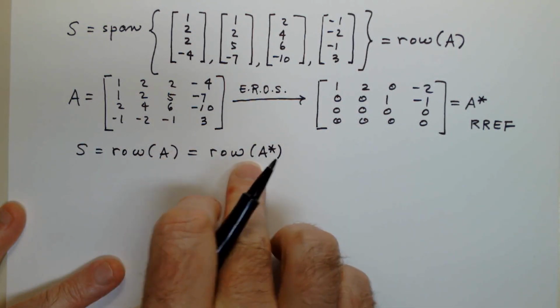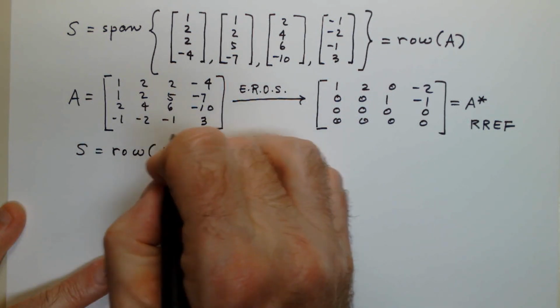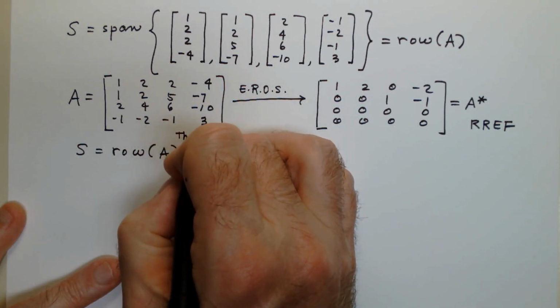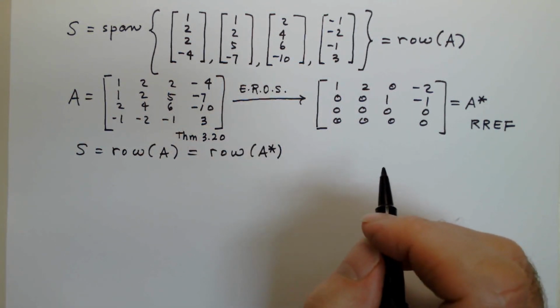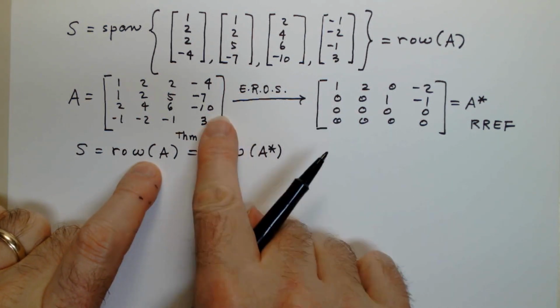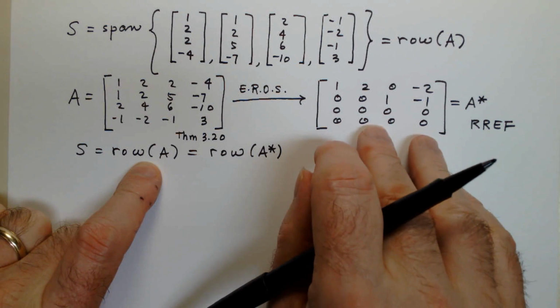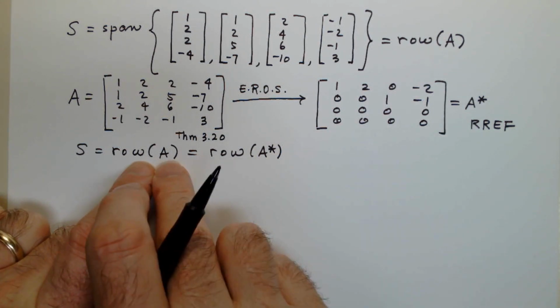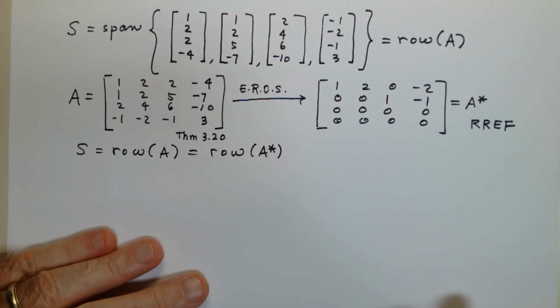So the thing that's bridging this here for us is theorem 3.20. All right, that's a very important piece of this puzzle, that after I do the sequence of row operations, the row space of this reduced row echelon form is the same as the row space of the original matrix. Okay, so that's an important part of this.